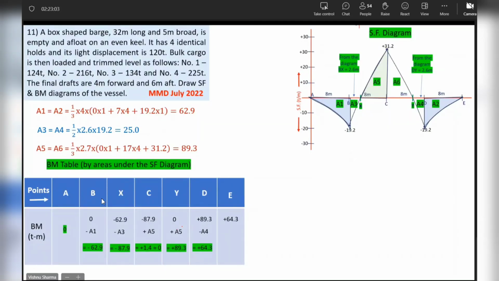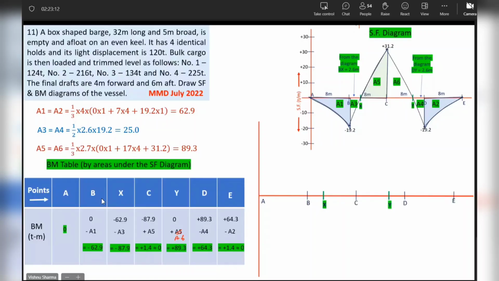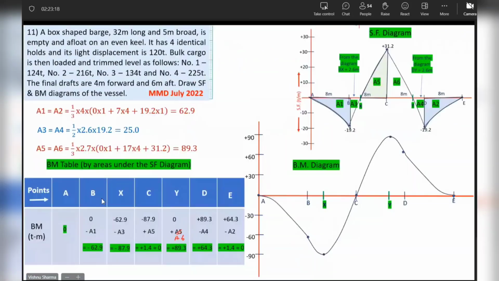This one is A6, okay. These are the values. You can put these values here, beta, if you want.